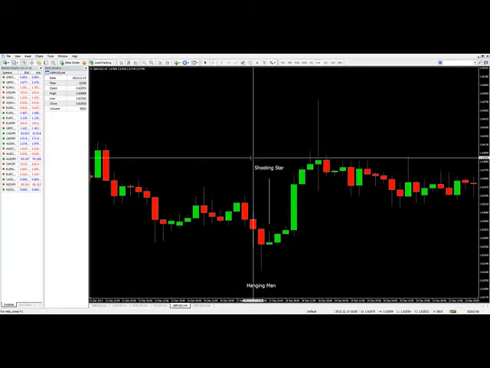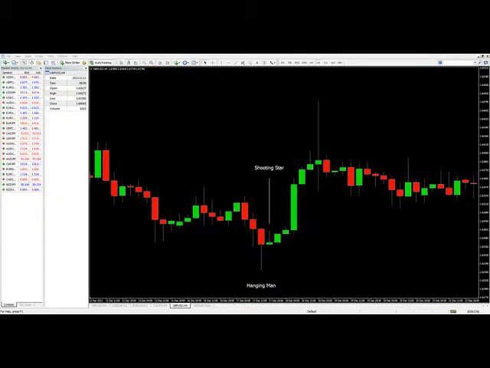So this is a hanging man right next to the shooting star. And if you'll remember, a shooting star is basically a reverse hammer, okay, with a smaller body. So it's a bigger body than a doji, but a smaller body than a hammer. This is saying, especially right next to a hanging man, the market shot straight down. It's coming straight back up, which gives us this nice hanging man formation.